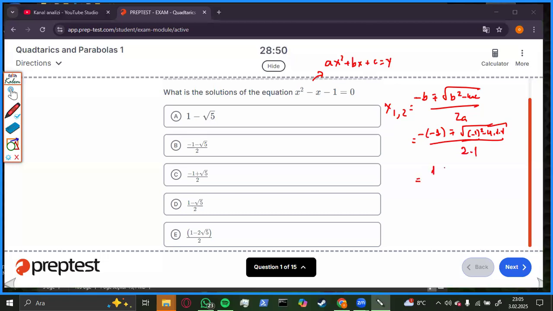In my mind it is like this. So I think this is the final solution. If you look at the solution, option D seems true. Okay, option D is the solution.